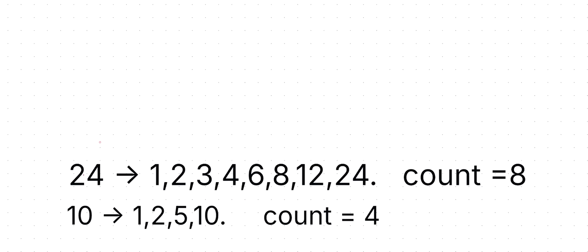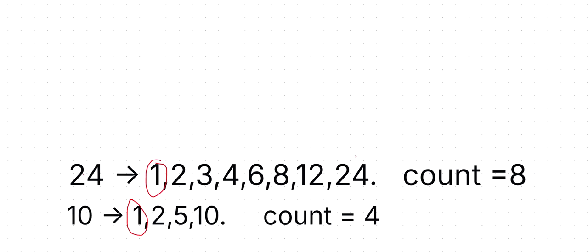Observation one is all factors start with 1. So 24's factors start with 1, and 10's factors also start from 1, correct? And the second observation is that the last factor is always the number itself.